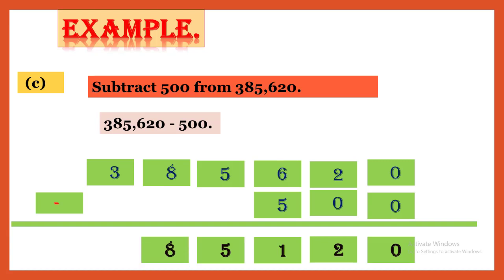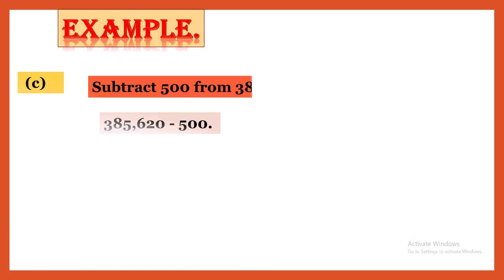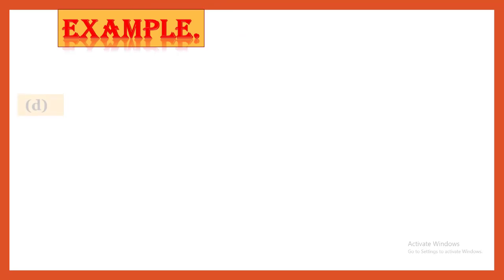In the next column, nothing to be subtracted from 3, so we write 3 here. When we subtract 500 from 385,620, we get the answer 385,120.